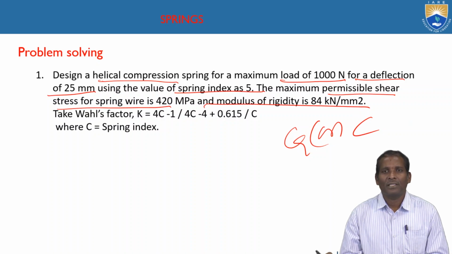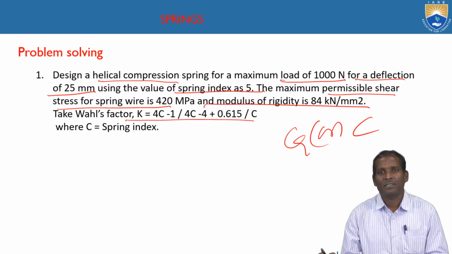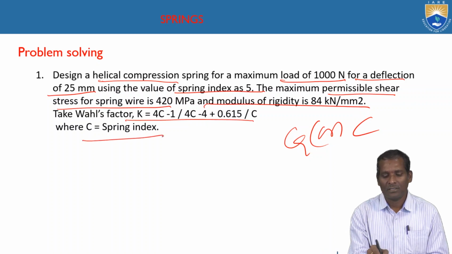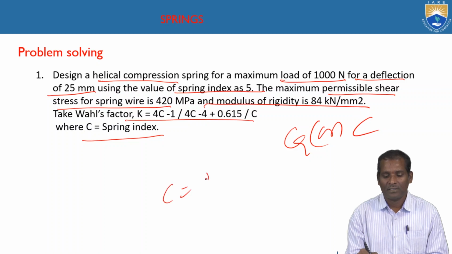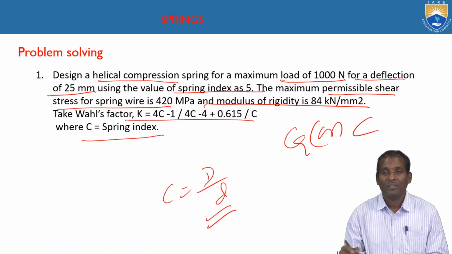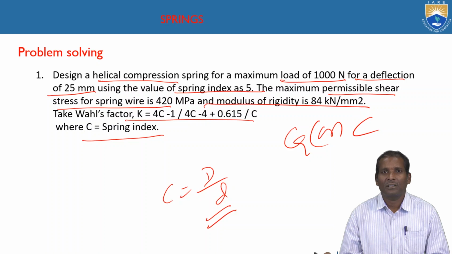Take Wahl's factor as K, with the relation K = (4C - 1)/(4C - 4) + 0.615/C, where C is the spring index. The spring index is D by d, which means it is the ratio of mean coil diameter to wire diameter.